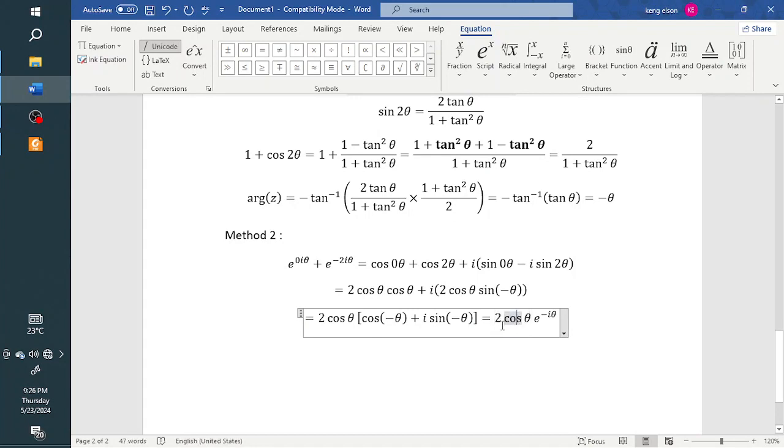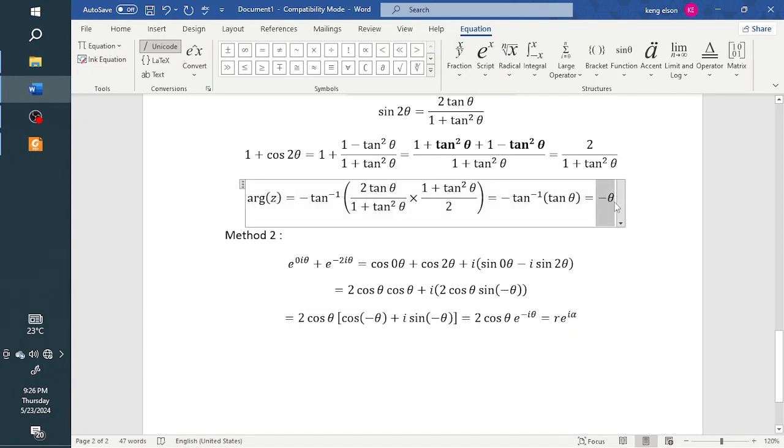So this complex number is basically in the form r e raised to the power i alpha, where r is the modulus 2 cos theta in case you were asked, and negative theta is alpha, the argument.